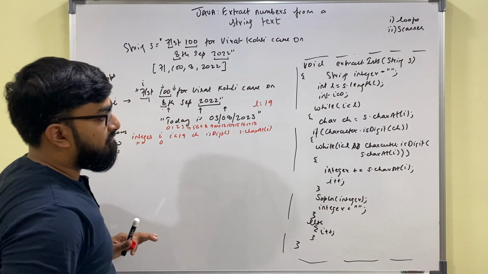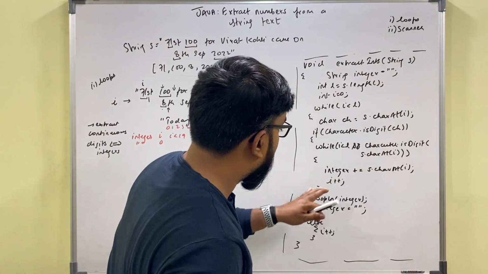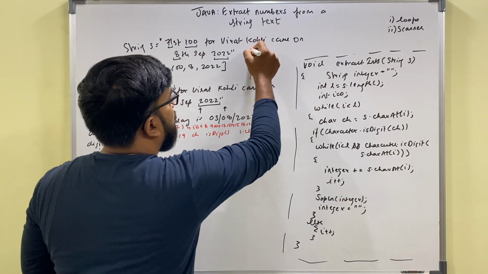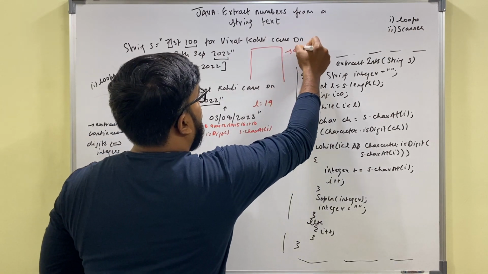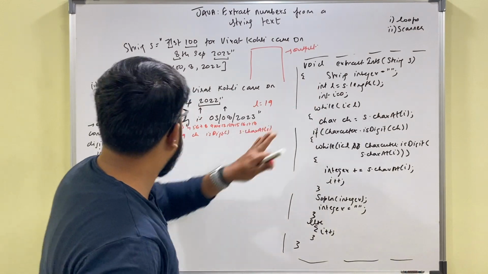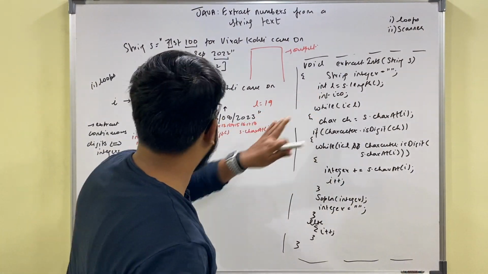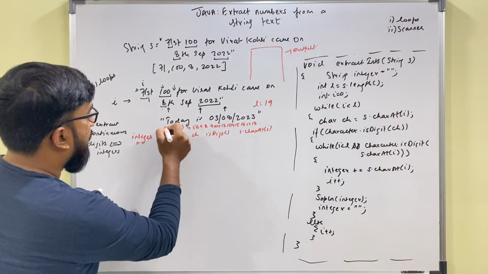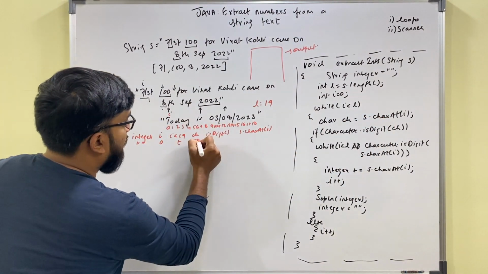We're changing i. Integer is updated, i moves forward. Then you print. If this is your output, we'll see the output here. Integer is set to blank, L is set to 19, i is set to 0, i is less than 19 is true. ch is s.charAt(i) is here. ch is uppercase T.